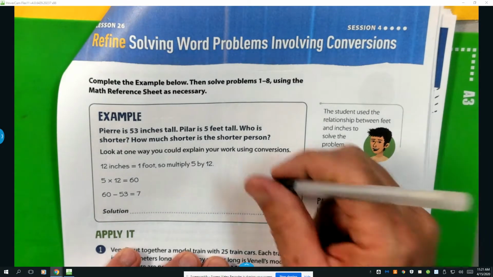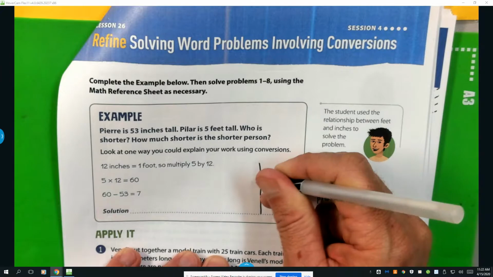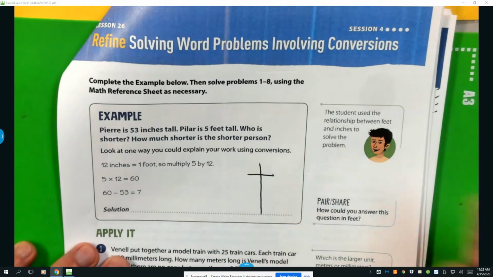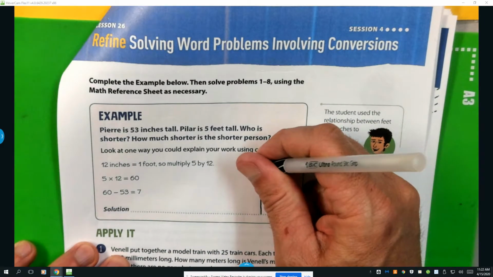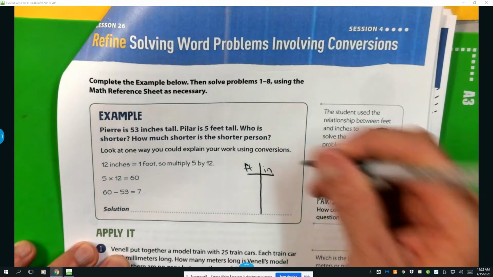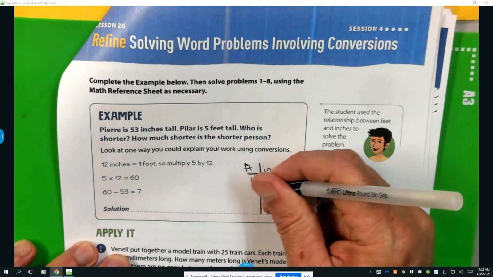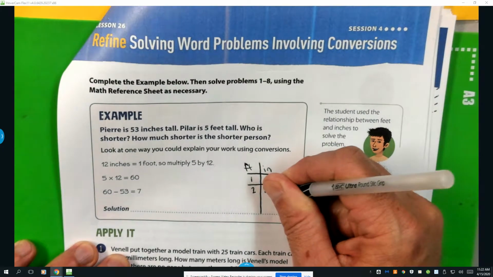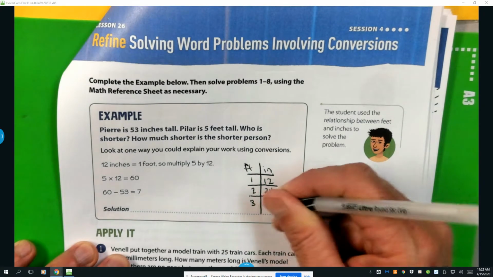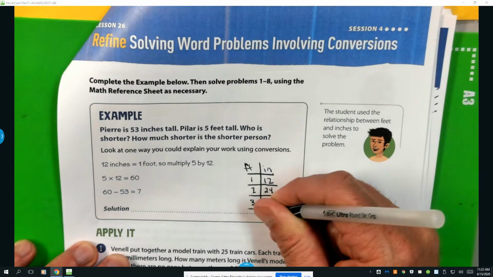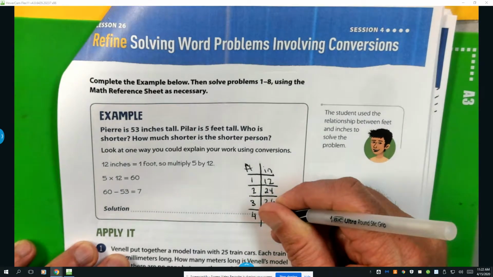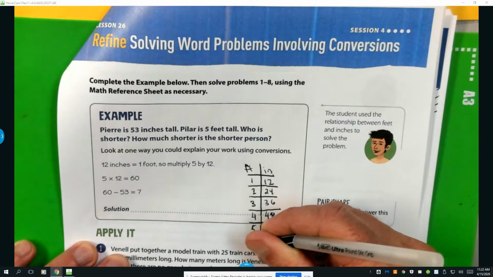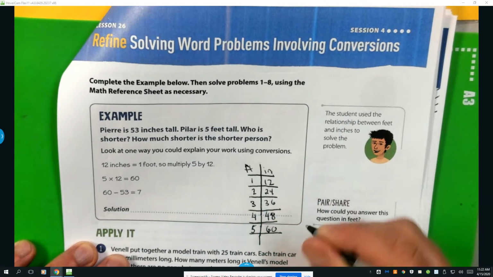Now, really, there's not a whole bunch of reason to do this with a conversion, like they're doing it over here. 12 inches is 1 foot. So I would just literally go feet, inches, and you can just put them in order. 1 foot, 12 inches, 2 feet, 24 inches, 3 feet, 36 inches, 4 feet, 48 inches, 5 feet, 60 inches.